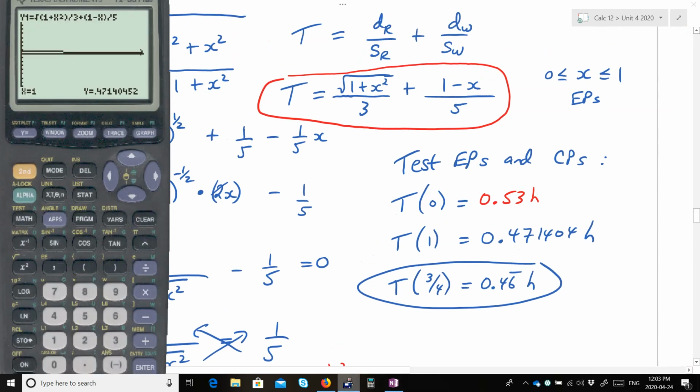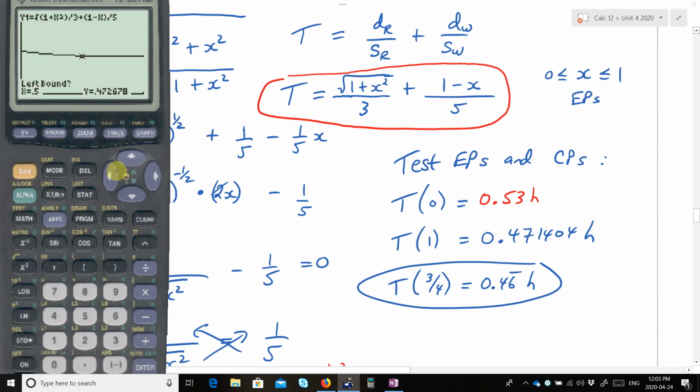Okay, so maybe to get a better look at the graph here, maybe we could do window. Okay, there you go. So it's very close between that endpoint and the critical point.